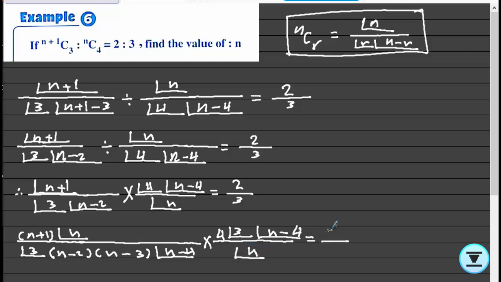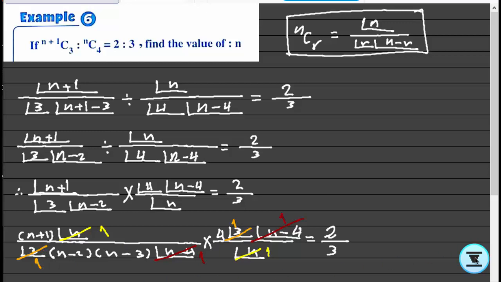Now factorial n divided by factorial n equals 1. Factorial (n minus 4) divided by factorial (n minus 4) also equals 1, and factorial 3 divided by factorial 3 equals 1.